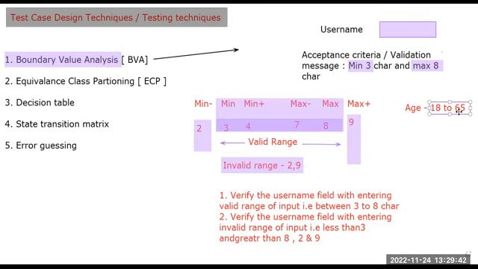Or 66, you enter 66 and check it. If it's age related, there will be a date of birth selection, and accordingly it will calculate your age automatically, saying you are 18 years, 20 years, or whatever it is. So accordingly you can select it and validate.